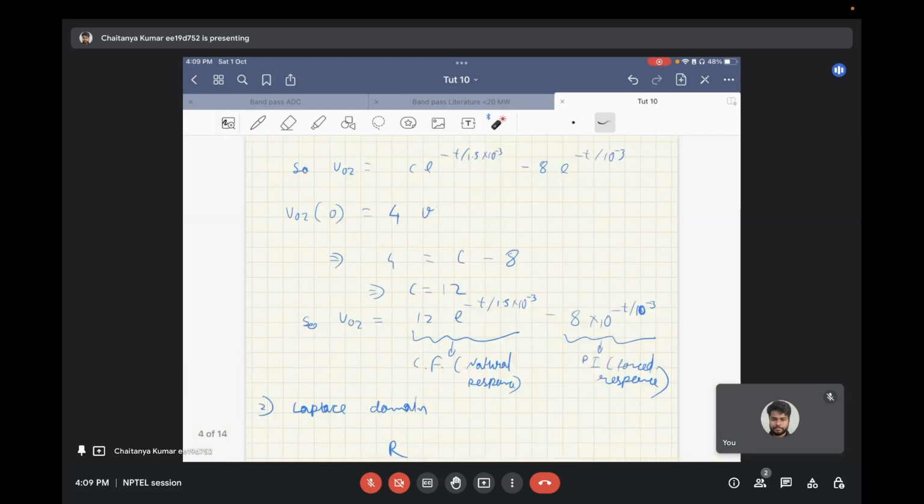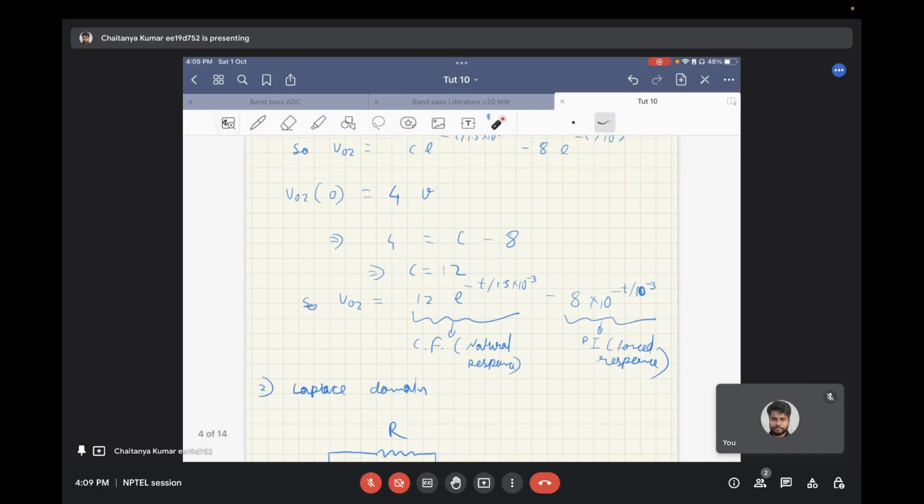So the final Vout2 comes out to be C into e to the power minus t by 1.5 into 10 to the power minus 3, which is the time constant of the output LPF, plus the particular integral, minus 8 into e to the power minus t by 10 to the power minus 3.